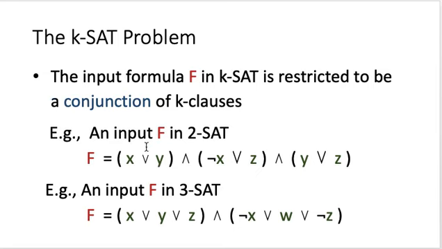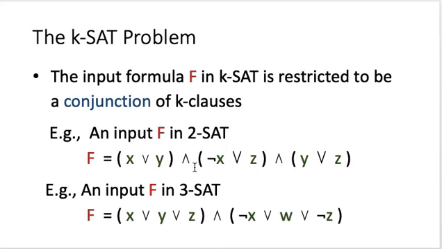So what does that mean? If we are talking about a two-set problem, the formula must look like there is a two clause here, there is another two clause here, there is another two clause here, but then the whole formula is the conjunction, the and of these clauses. Okay, so we have a bunch of two clauses and together.